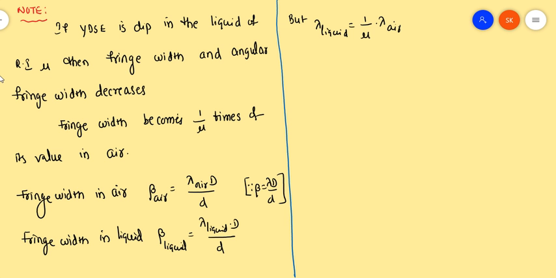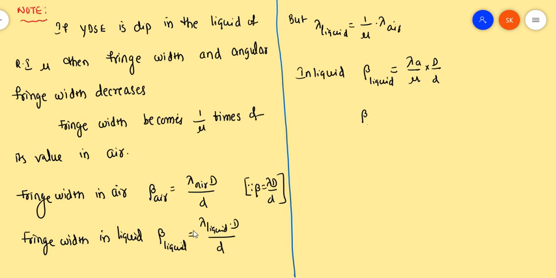This we substitute in the above equation. Then in liquid we know beta in liquid is equal to lambda in liquid by d. Lambda in liquid we write as lambda in air by nu, into capital D by small d.